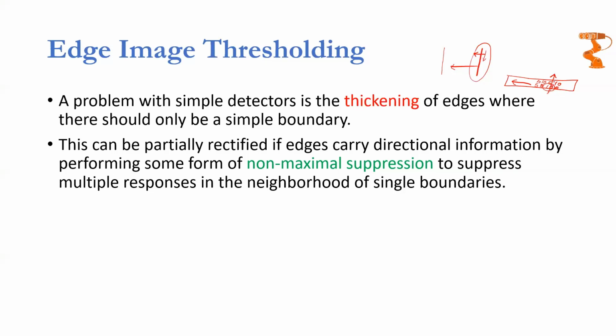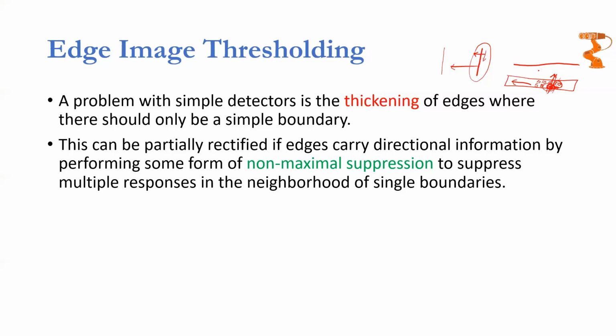And in this direction, whatever pixels you are seeing, you are going to keep the pixel having the maximum edge value. So you will be left with this pixel only. When you are over here, you will be looking in this direction, so you will be left with this pixel only. So at the end, you are going to get an almost thin edge, which will be 1 pixel thin.